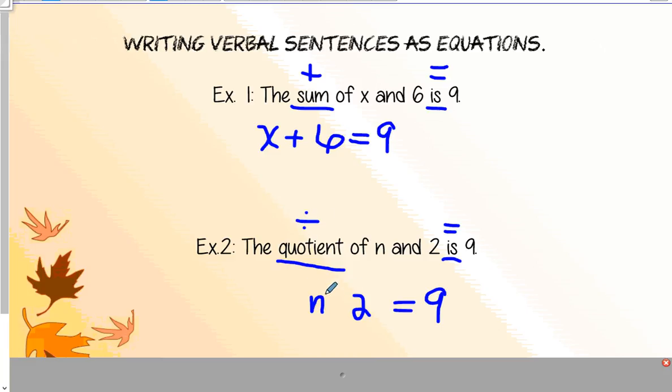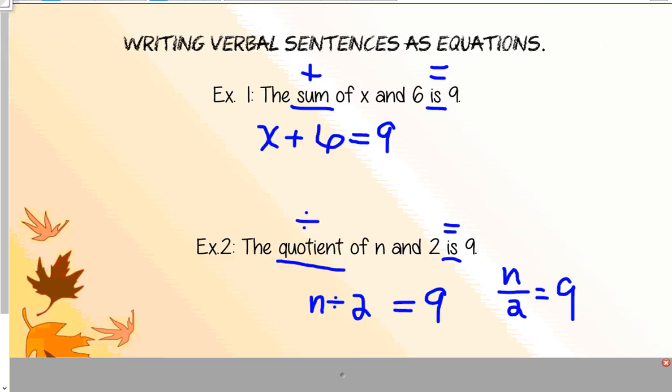So I'm going to say n divided by 2 equals 9. You can write this equation like this, or another common way, which you see a lot in algebra, is n over 2 equals 9. These mean the same thing.